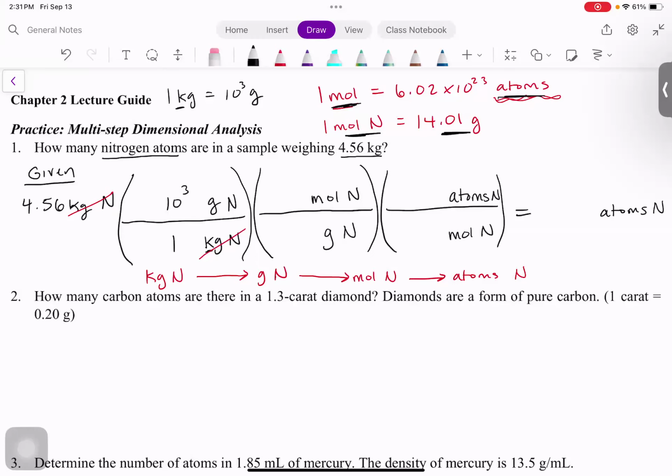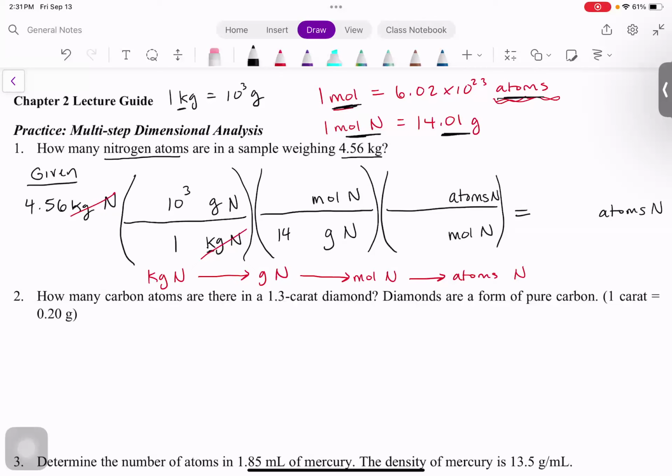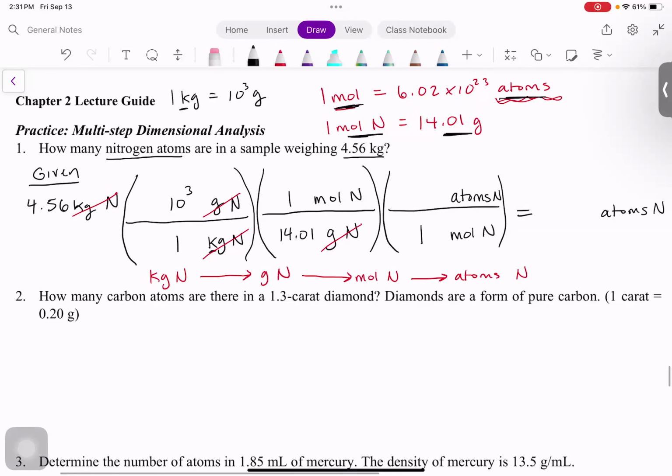From the periodic table, I know that 14.01 grams of nitrogen is the mass of 1 mole of nitrogen. So that cancels out my grams of nitrogen. And then the definition of 1 mole is that it is 6.02 times 10 to the 23rd atoms. So now my moles cancel and I'm left with atoms. So this is how I can do that multi-step conversion.